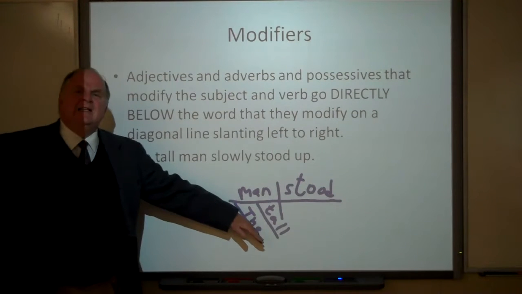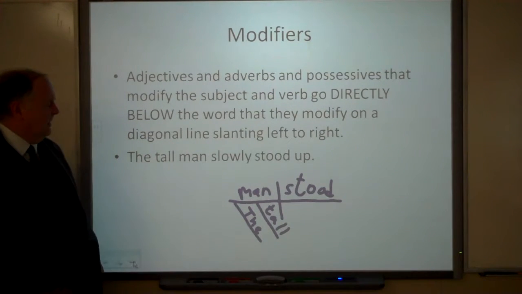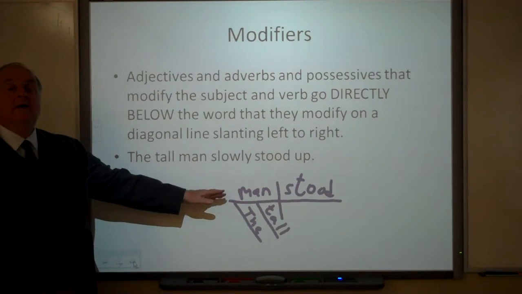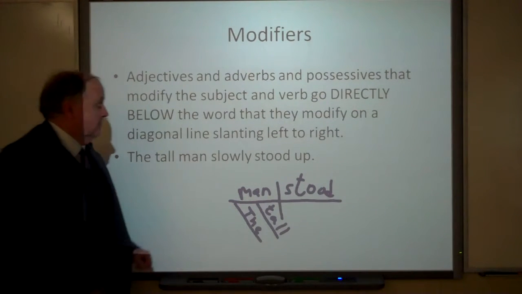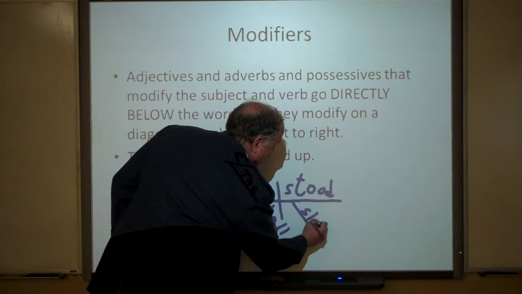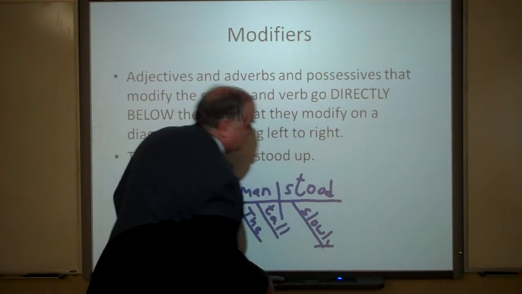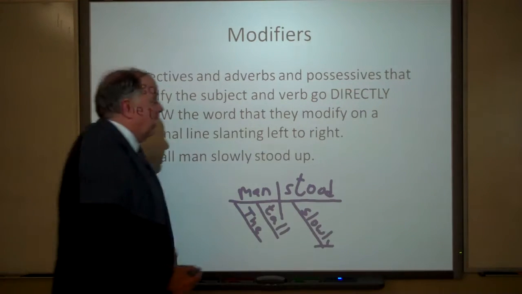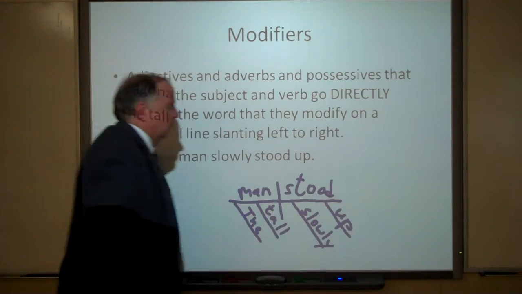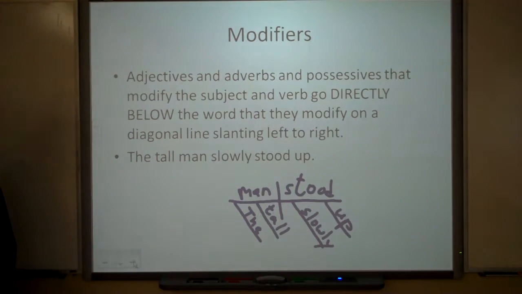So notice, slightly diagonal, from the left to the right, but connected to the main line and under the word they modify. So slowly modifies stood. How did he stand? Slowly. And up also modifies stood. In what direction he stood up. Okay.